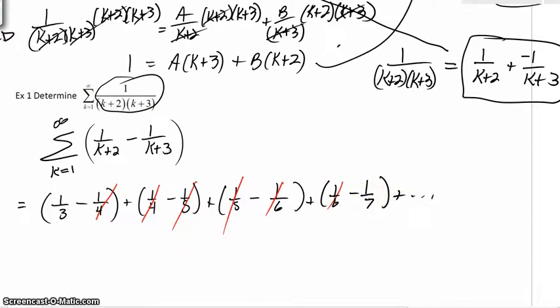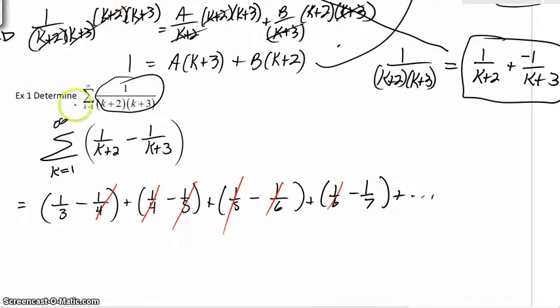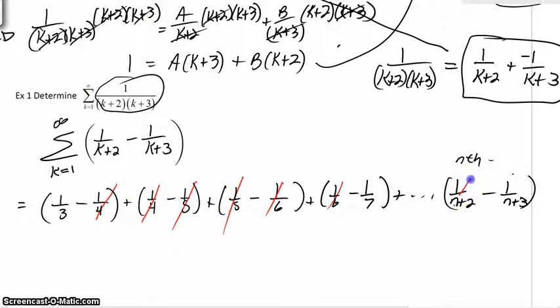Now, of course, what can trouble kids, and I should talk to you about this, is you could say, what if you stopped at, say, some nth term? Let's just say that you're going to have your 1 over n plus 2 minus 1 over n plus 3, and let's just say that we stop there just so that we could definitely say that we're stopping somewhere.